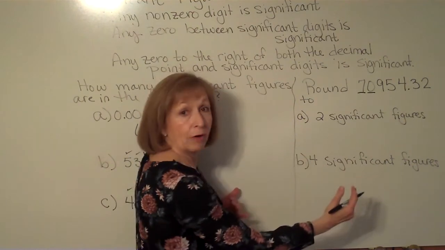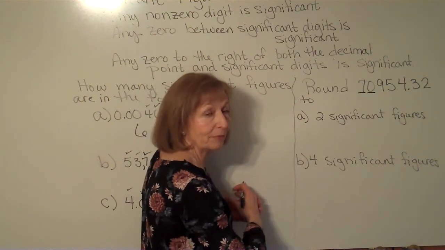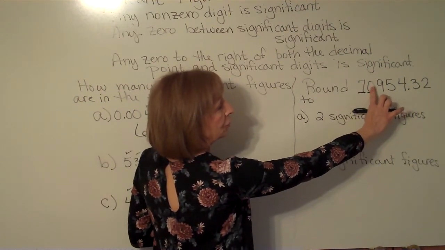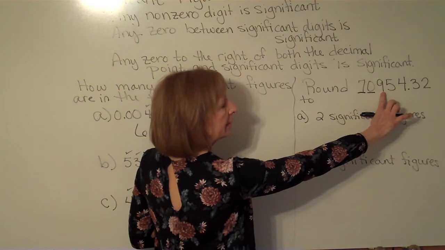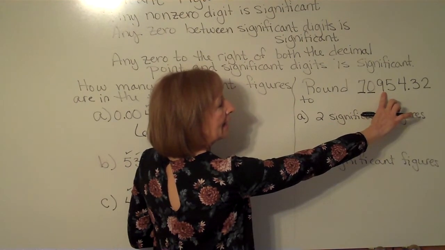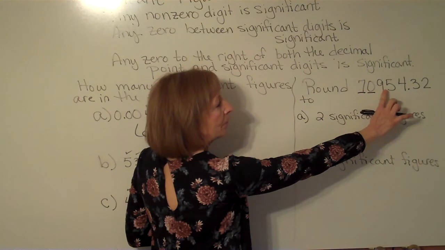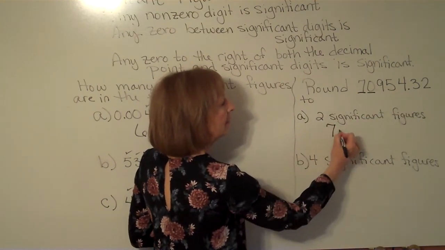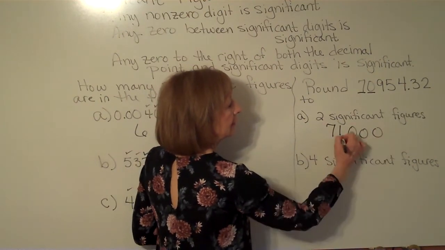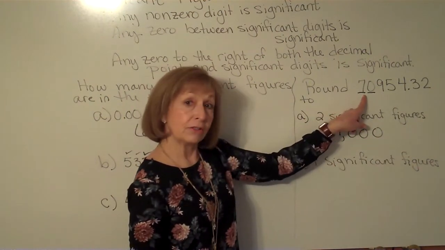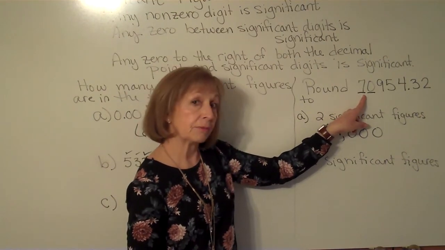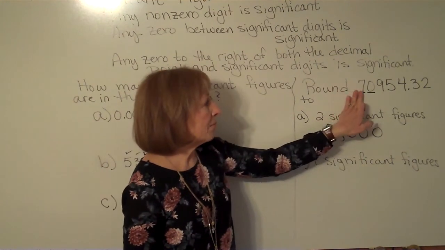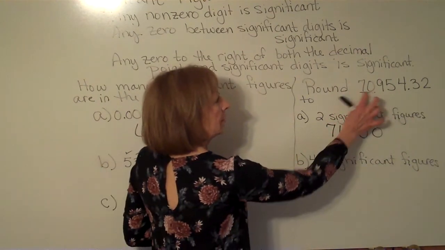Now I need to round to that place value, so I look at the number to the right of it, and that number is a 9. So when I round for that, I'm going to bump this up 1 and then keep the place values after that. So 2 significant figures, 70,954.32 would be 71,000.